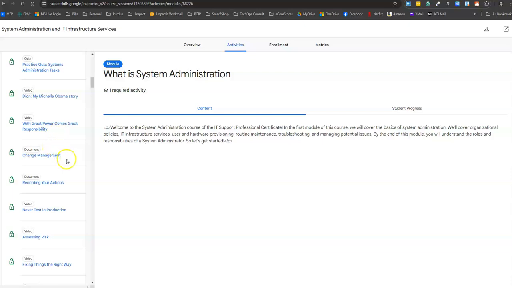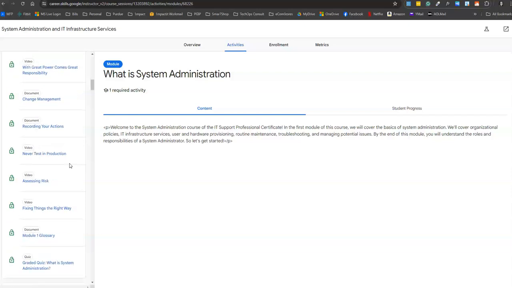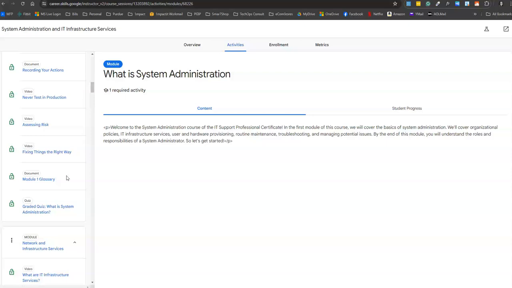And then change management, recording your actions, always logging your information. Never test in production. Assessing risk, fixing things the right way, and then your glossary and your graded quiz.